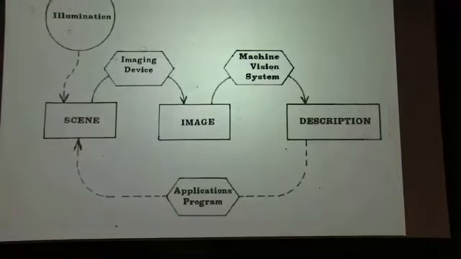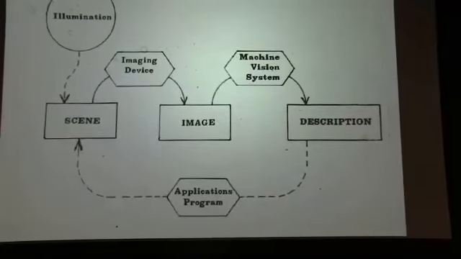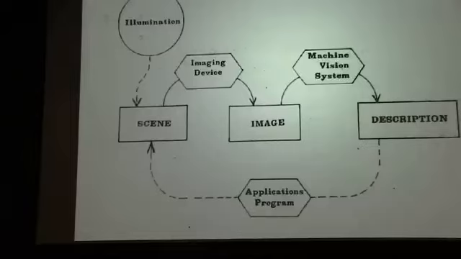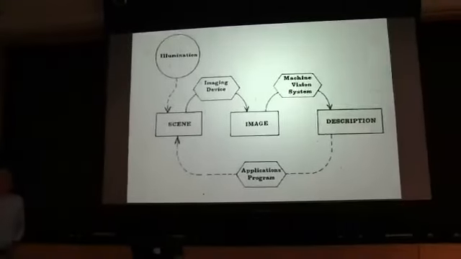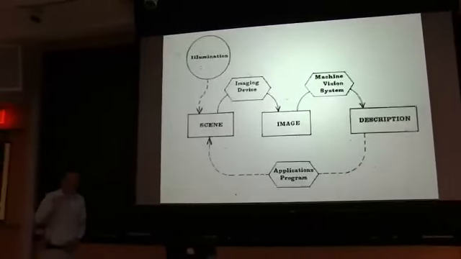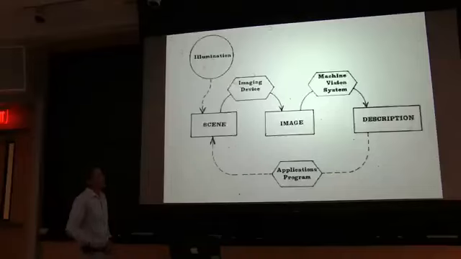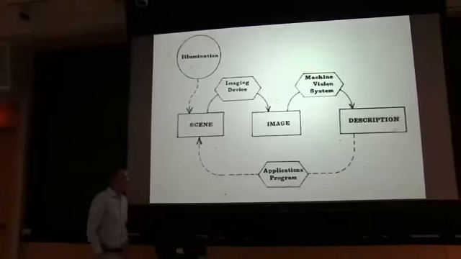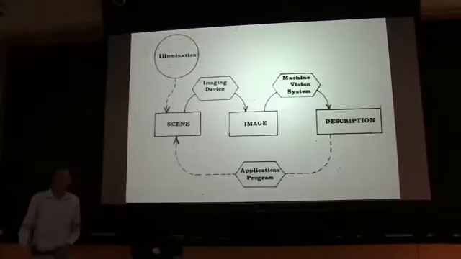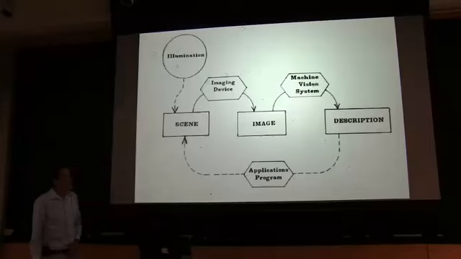So here's an overall picture of machine vision in context. First we have a scene, a world out there, and the illumination of that scene is important. That's why it's shown, although it's shown with dotted marks because we're not putting that much emphasis on it. There's an imaging device, typically with a lens or mirrors or something, and we get an image.